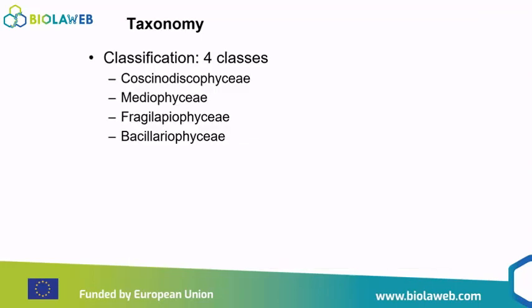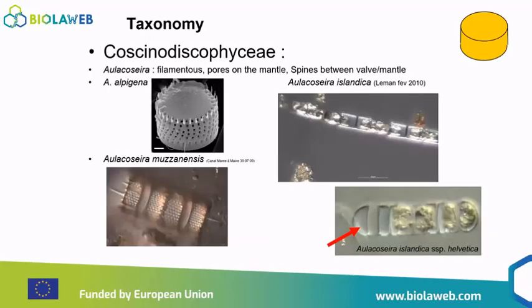I just would like to show you the classical taxonomy, for beginners. Classically, there are 4 classes of diatoms. These 2 are what we call the centrics, Coscinodiscophyceae and Mediophyceae, and here Fragilariophyceae and Bacillariophyceae are pennate, and here raphid pennate. Just to show you with pictures, sometimes it's better.